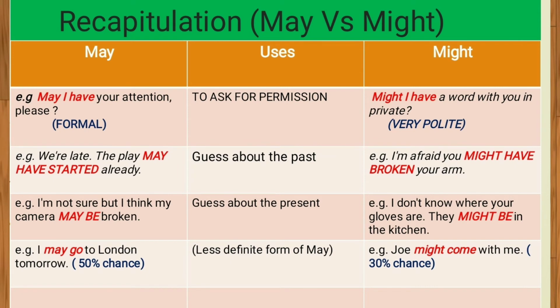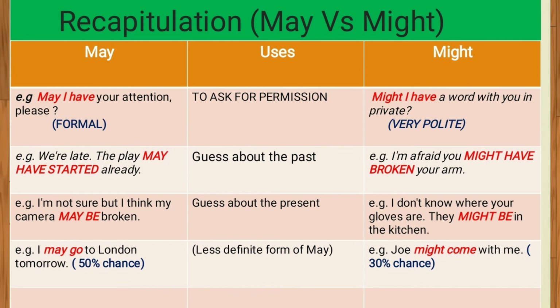On the other hand, we also use might: I don't know where your gloves are. They might be in the kitchen. So we can use both may and might for guessing about the present.